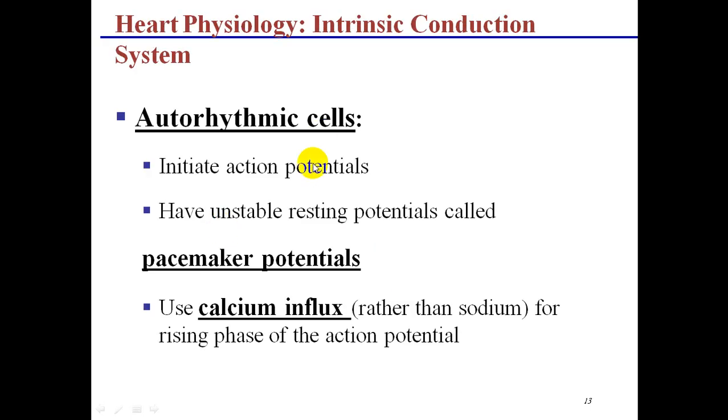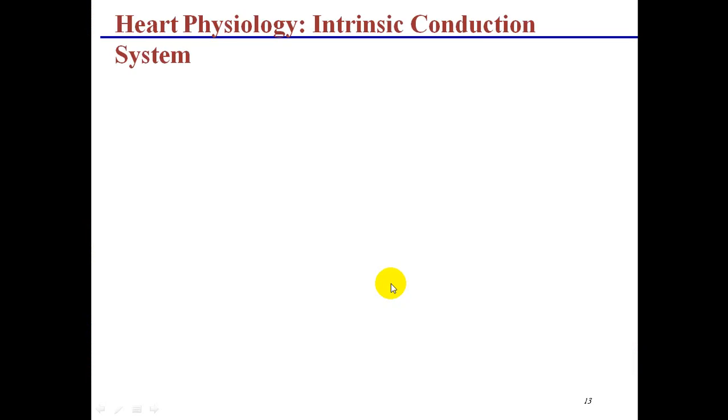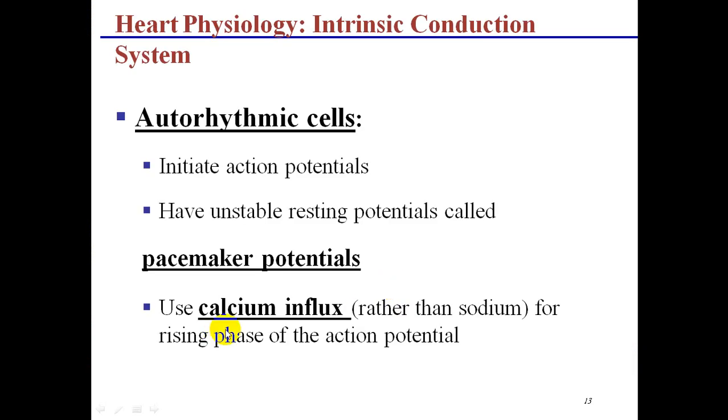Autorhythmic cells, which initiate the action potential, meaning the SA node, which is the pacemaker of the heart, have an unstable resting potential, not stable. If we look at the previous graph, this is resting. It is not stable; it is always at the discharging threshold, and then discharges again. This unstable resting potential is called the pacemaker potential.